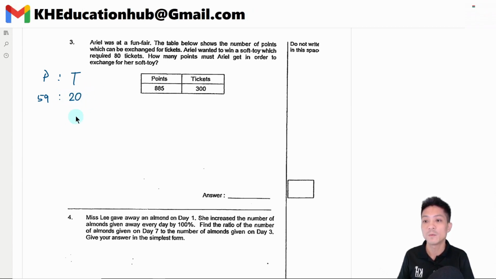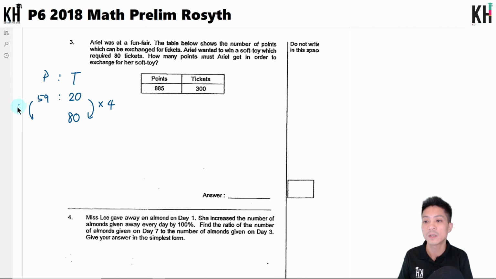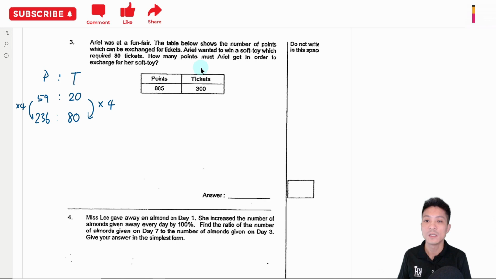So if I want 80 tickets, I need to multiply by 4. So over here, I also need to multiply by 4. 59 times 4 will give me 236 points. So Ariel must get 236 points to exchange for the soft toy.